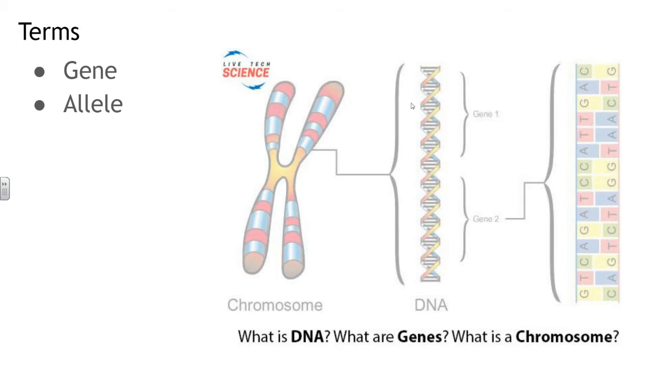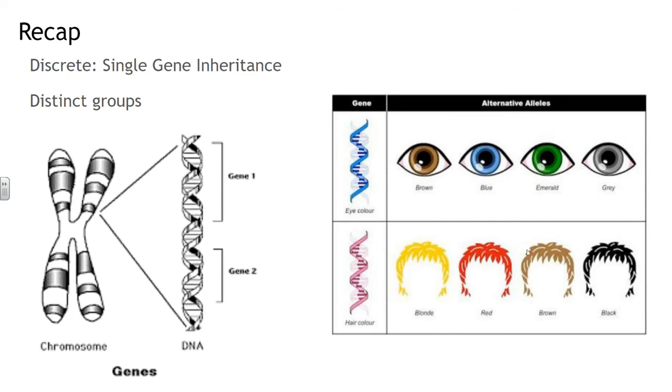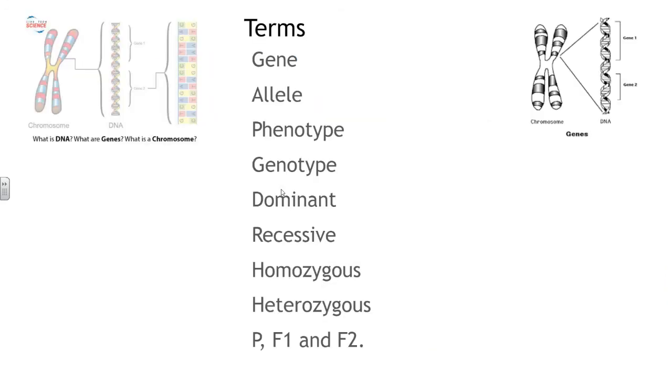We just use a single letter. We'll look at that in a second. So for any gene, hair color, eye color, whatever it is, we have the gene, and then we have the forms of that gene, which are the alleles. They are caused by having a different sequence of DNA bases in your strand.